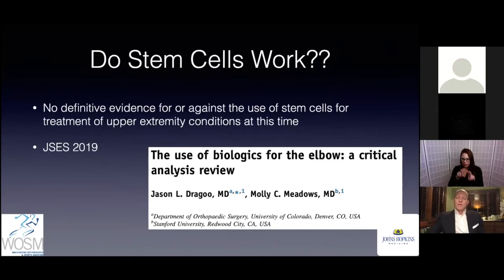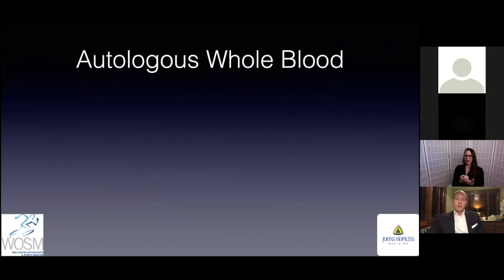So we don't have any clear evidence that this is beneficial. That doesn't mean it doesn't work. It just means we don't have any great evidence at this time, and it's somewhat difficult to collect evidence for the reasons that I talked about with the PRP difficulties, where we have difficulty collecting homogeneous evidence in a group of patients that is easy to compare side by side. So there is evidence out there, but the definitive evidence is not there yet.